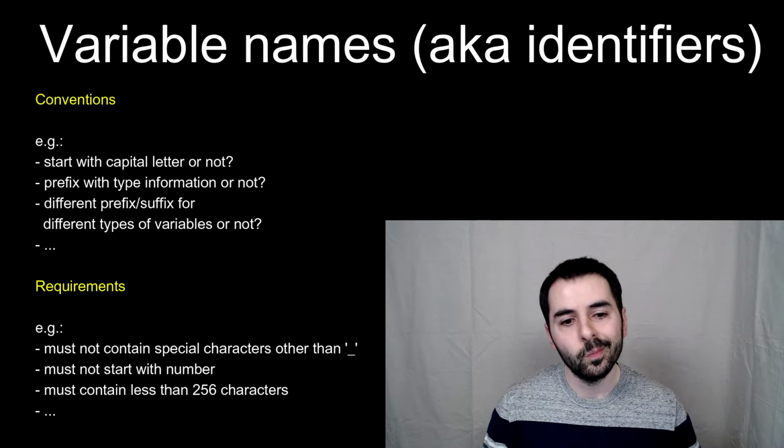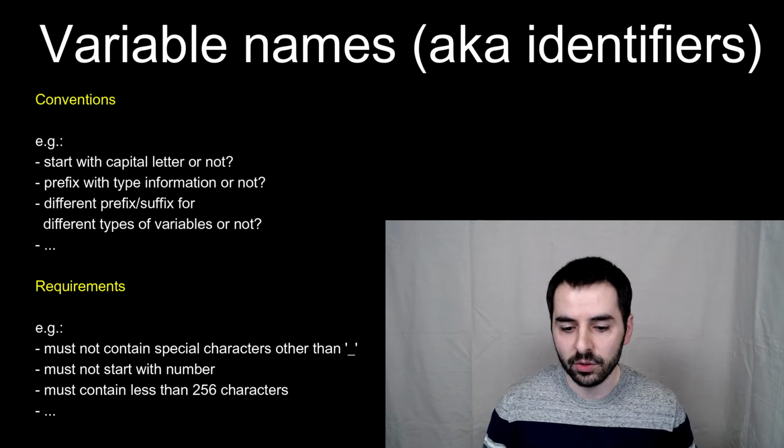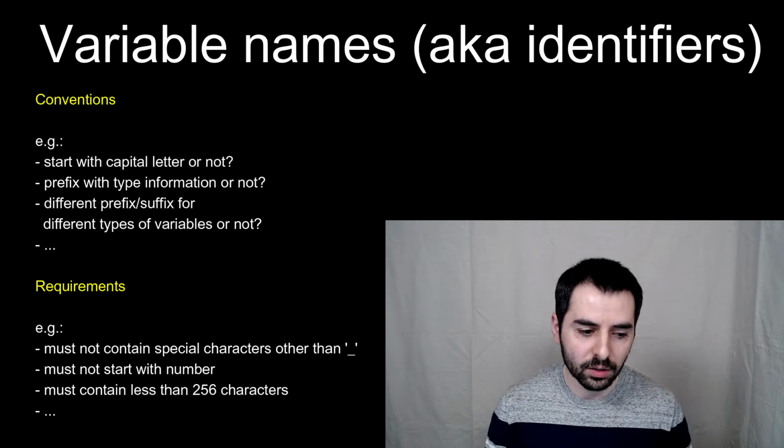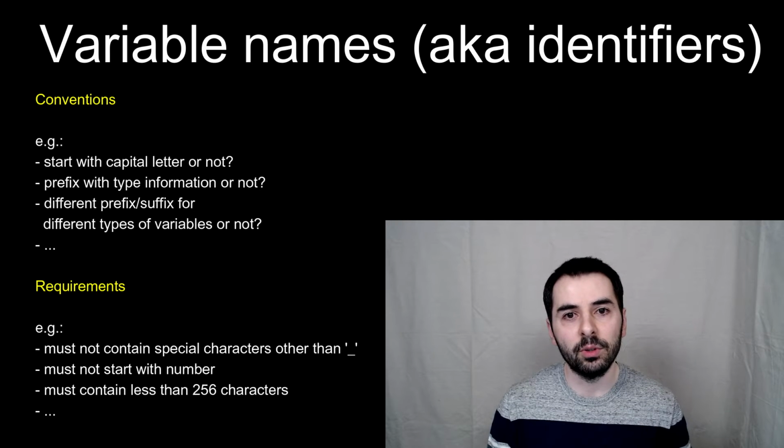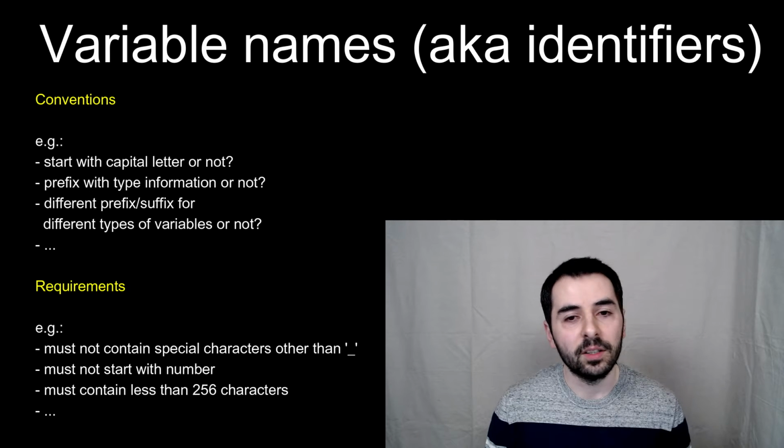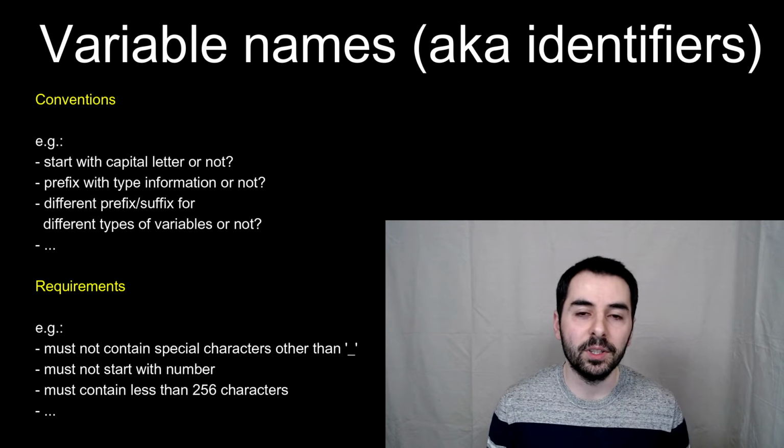For the types, we'll get to them in the next video, but as I said, we have definitions and declarations of variables and also names. For the names, there are different conventions for how to name the variables. Conventions are basically about how to name your variable so that other people reading your code will understand.